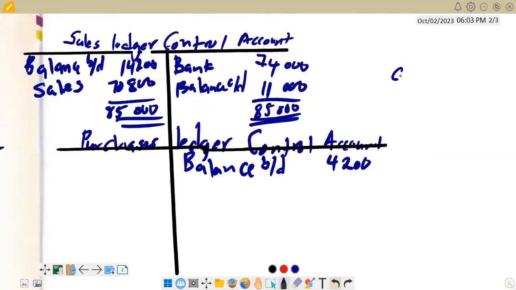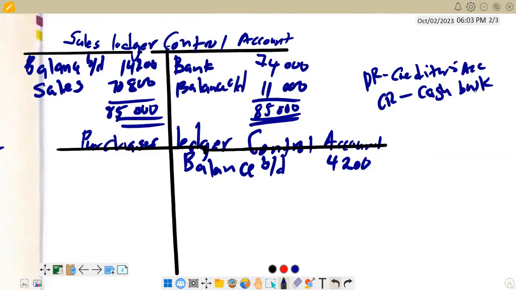The creditors account is debited, and then we credit the bank or cash. Since we are debiting the creditors account, the same applies to our ledger control. We are debiting it.